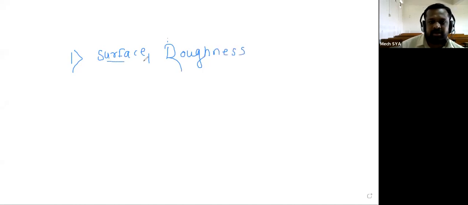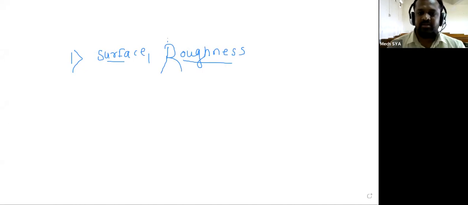Okay, so anybody having any idea what is meant by the surface roughness?